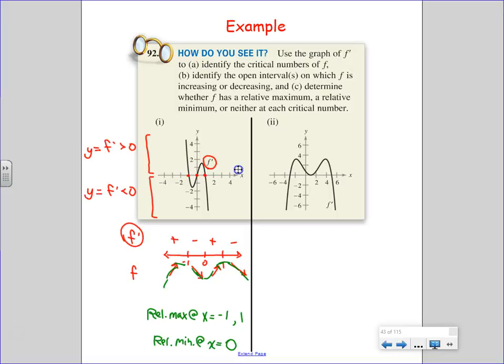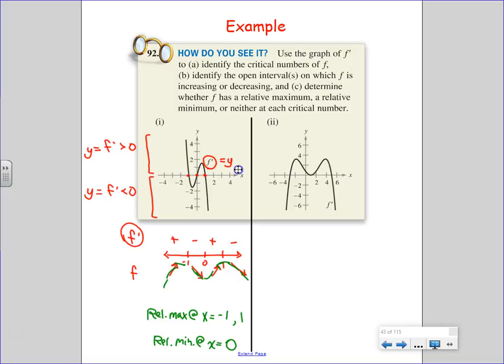And since we're given f prime, he is, in a sense, our original, or our starting place. So where was f prime above the axis? Well, negative infinity, right? He's above, all the way to negative 1. Negative infinity all the way to negative 1. What's another reason that I should stop at negative 1?